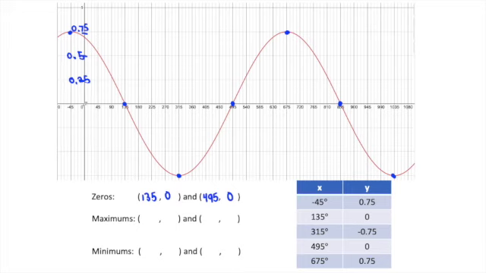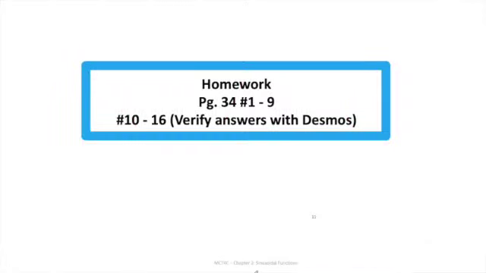Maximum would be negative 45 and 0.75, and then another maximum 675 and 0.75, and then a minimum 315 and negative 0.75, and then 1035 and negative 0.75. Okay, so those are our 4 examples. Make sure you have them copied out.